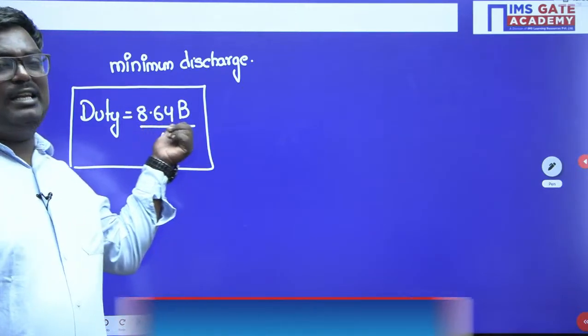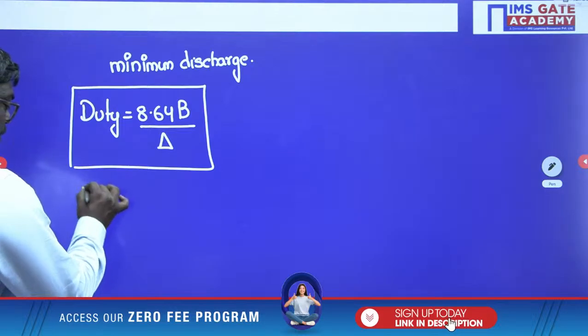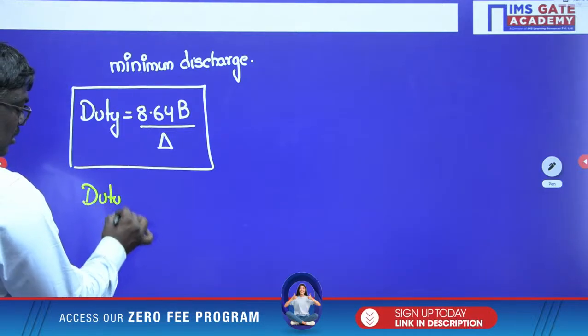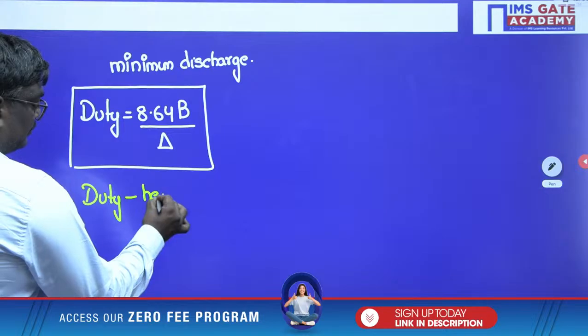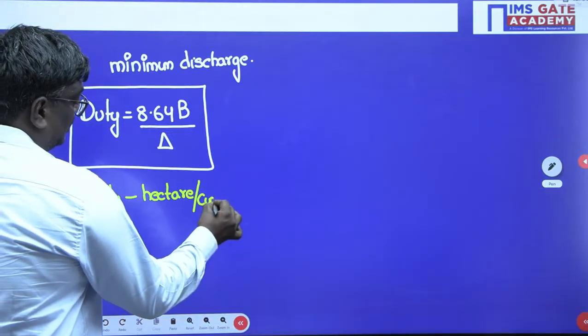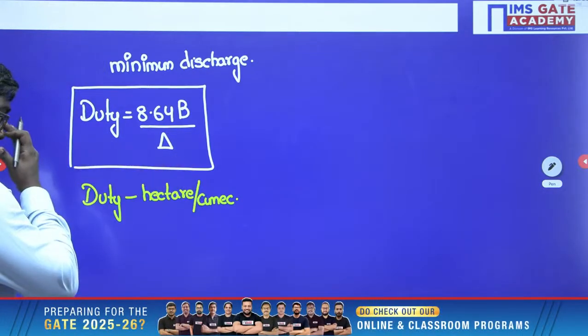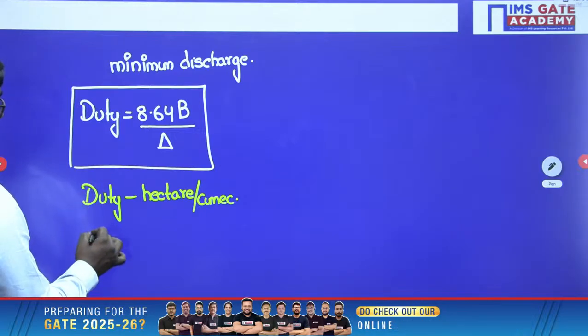So if we divide, we get 8.64. Duty units are hectare per cumec, hectare per meter cube per second.